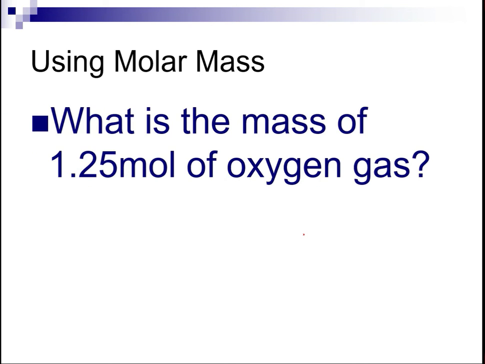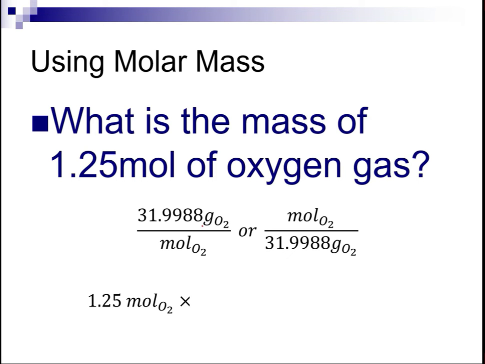Try another one. Suppose I want to know the mass. Suppose I want to measure out 1.25 moles of oxygen. I want to be able to count the number of molecules using mass, but I don't want to go ahead and measure them. So first thing I need to do is start with my moles of molecules. And then notice that this is for O2. Oxygen gas is one of those diatomics.